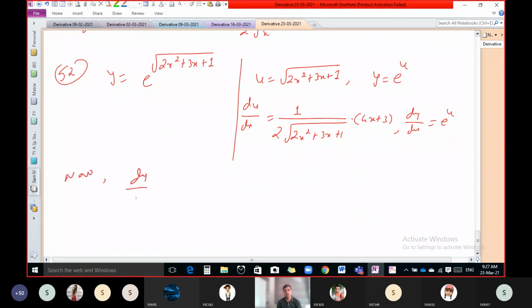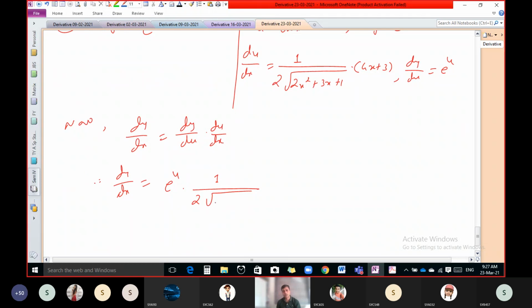So now just substitute these values in the formula. By using chain rule, dy by dx is dy by du into du by dx. Substitute all values. dy by du is e raised to u into du by dx. Du by dx is nothing but this full term, 1 upon 2 root of (2x square plus 3x plus 1) into (4x plus 3).